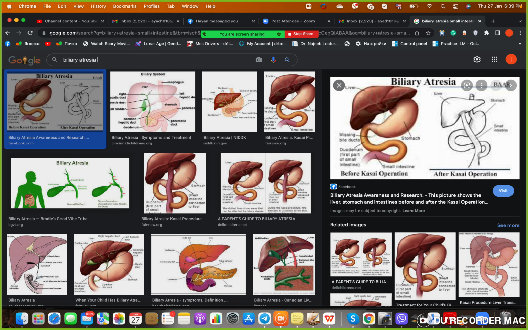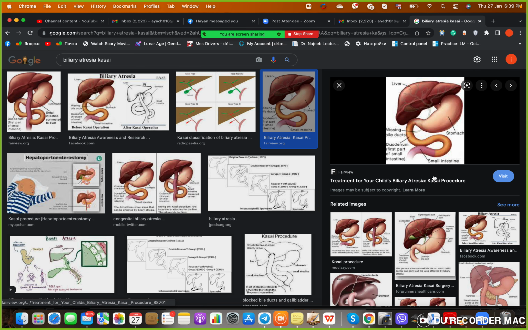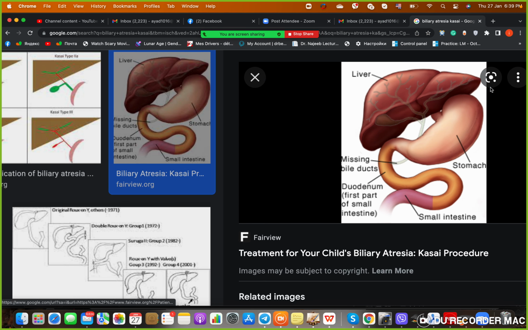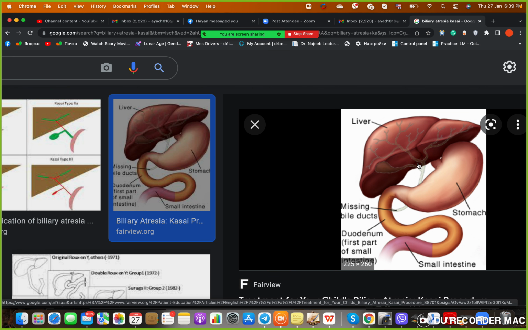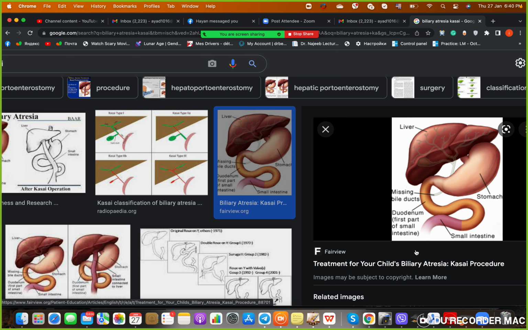Actually there is a procedure called the Kasai procedure, which is something like this. So I will sound like a Frankenstein for a second. See, there is no bile duct, yeah? So you have to make one. This is the stomach, this is the duodenum, this is the small intestine. So what you will do right now is something like this.